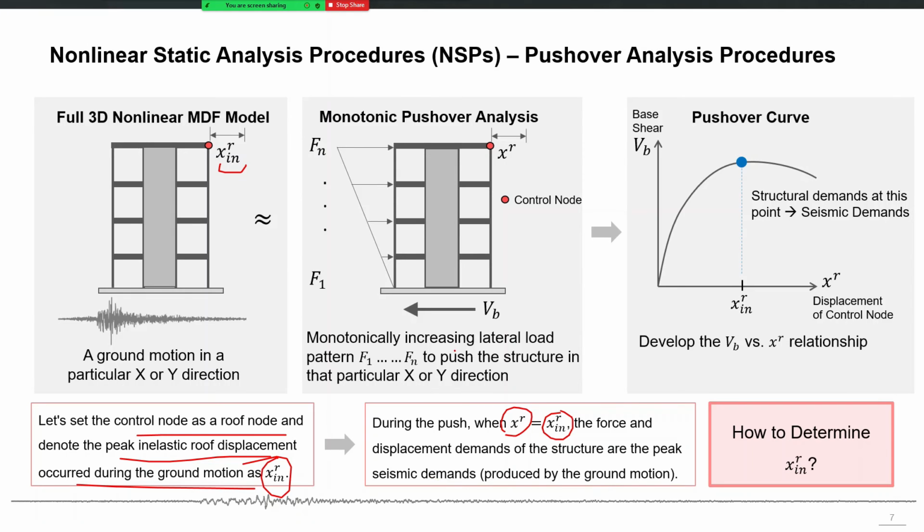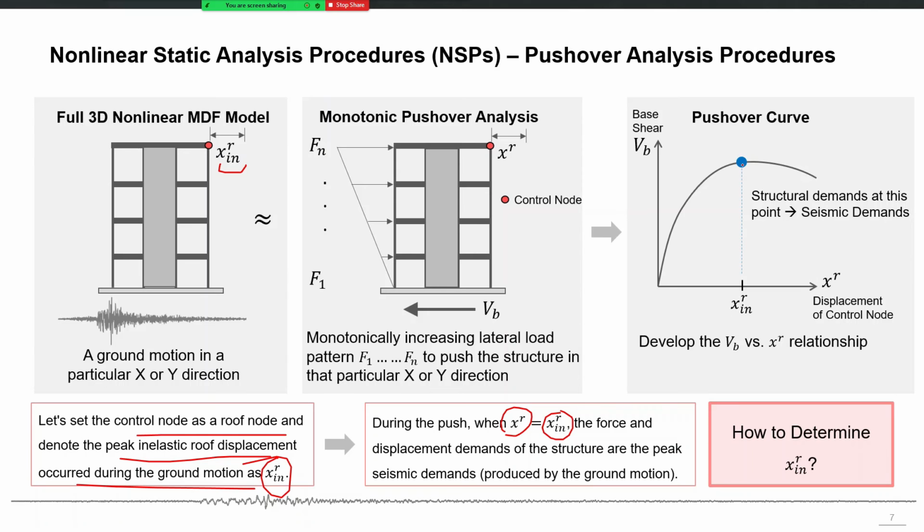So this is the key idea in all the pushover analysis procedures: in the pushover curve, if we can get this number, the peak roof displacement or peak displacement of the control node which is expected during the future ground shaking, we can push the building up to that point only, or extract the results at that point only, and those results will actually be the seismic demands.